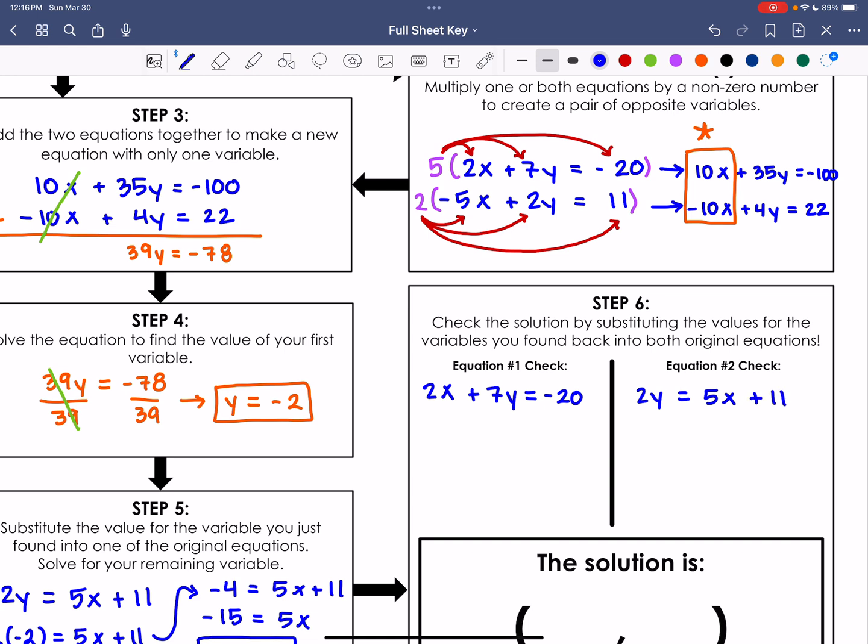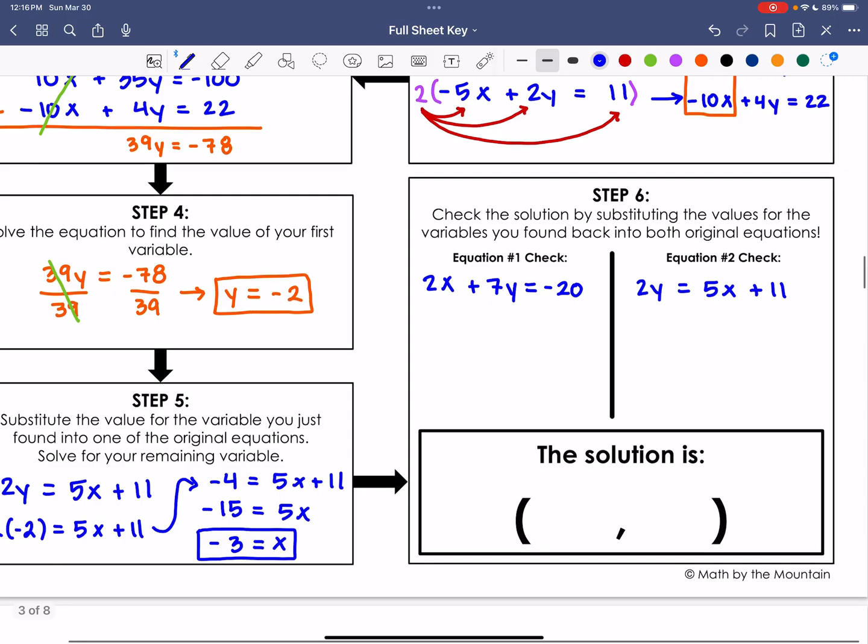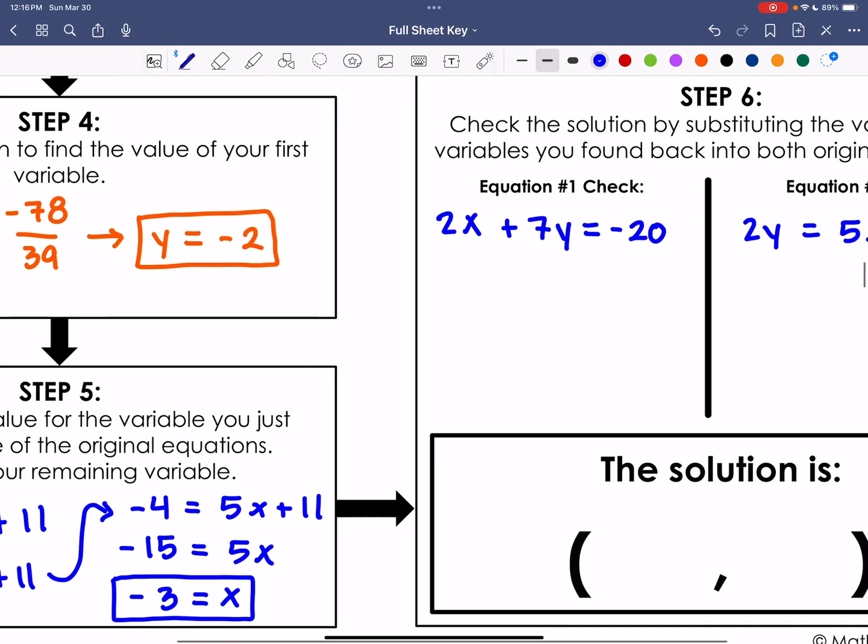All right, so we will know that we have done a good job if when we substitute our values for x and y into both equations, we get true statements for each one. If we get something that is untrue, we would need to circle back and figure out where some mistakes have occurred.